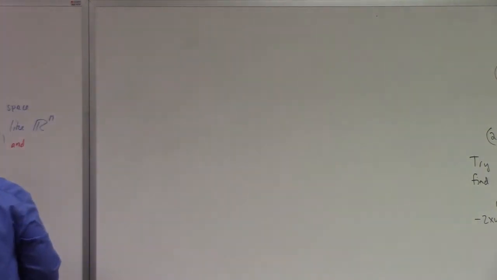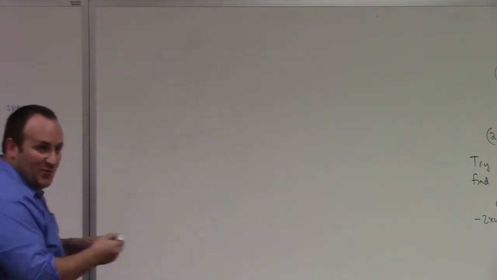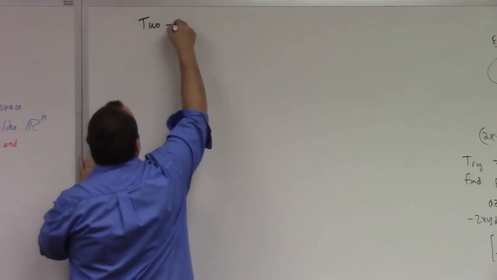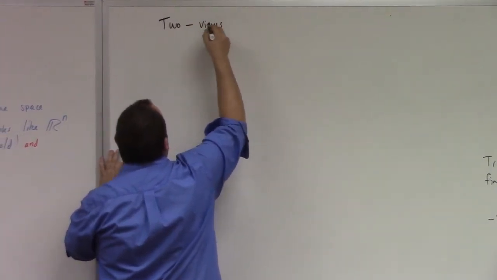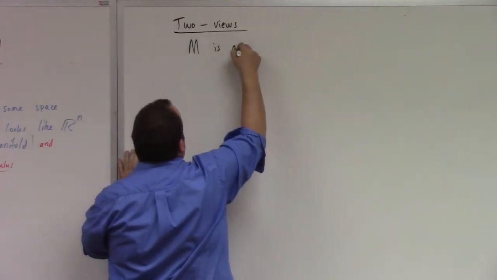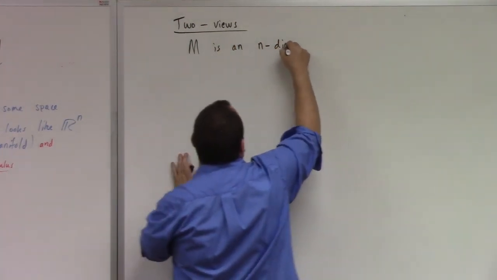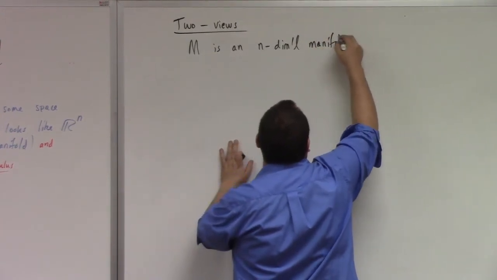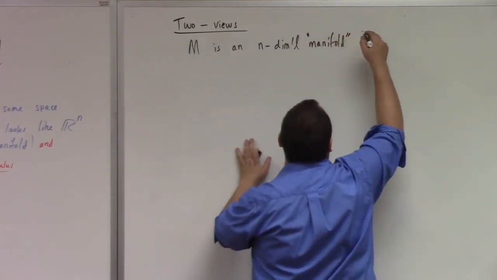So I need to, this is my chance to say things like this that happens rarely here. Okay, so getting back to the point. The two viewpoints. Two views. Okay, so suppose M is an n-dimensional manifold. And I'll put quotes on that because I'm not being quite too strict about that.